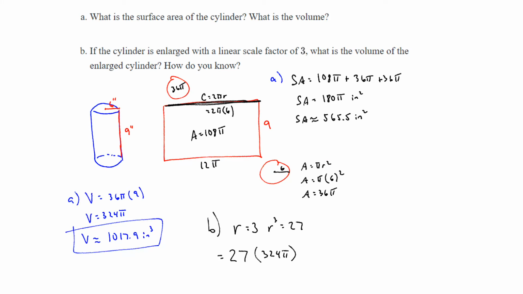This will give us our new volume, which will be approximately 27,482.65, once again measured in inches cubed. And so that's the enlargement when you have a scale factor of 3, and it is volume once again, so r cubed, so it grows 27 times what the original figure is.